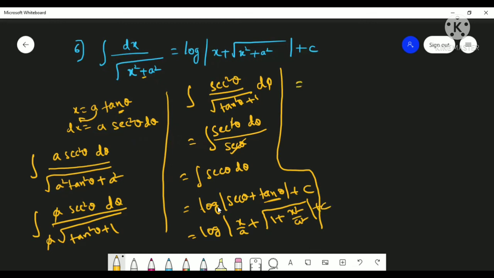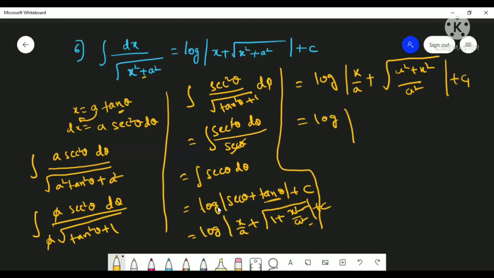That is equal to log, 1 plus tan square, in the place of tan square I wrote x square by a square, that's all. Log x by a plus square root of a square plus x square by a square. I am taking a square as the LCM, plus c1.